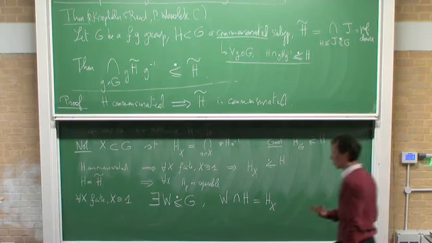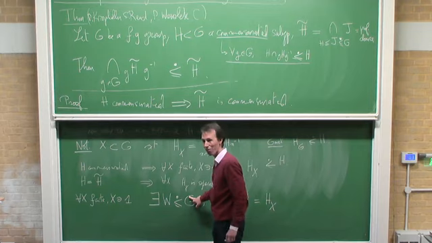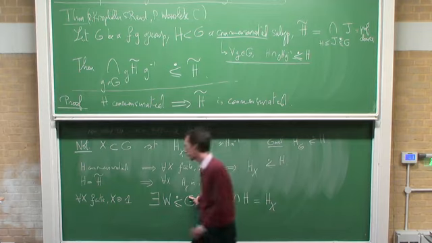Okay. And now I perform a usual trick. A finite index subgroup contains a finite index normal subgroup.